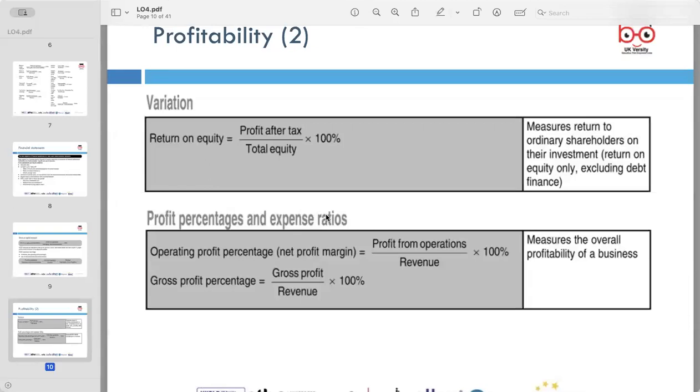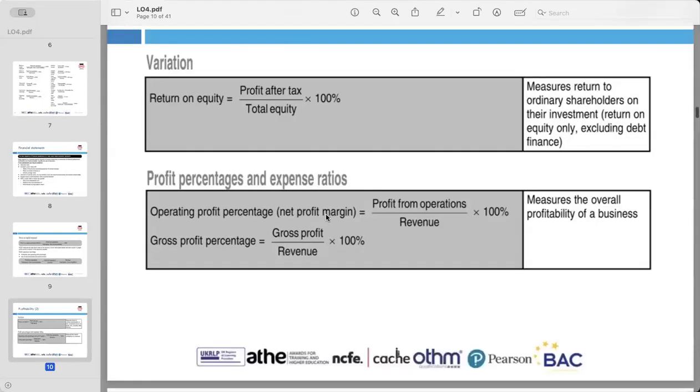The gross profit percentage measures the proportion of revenue retained as gross profit after deducting the cost of goods sold. Both ratios are expressed as a percentage.